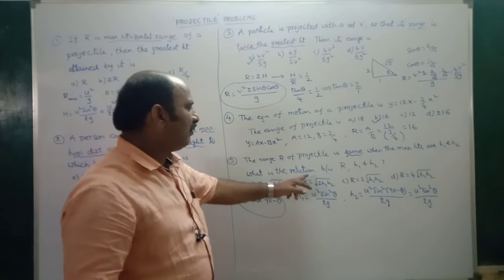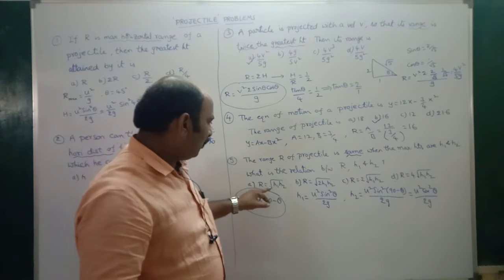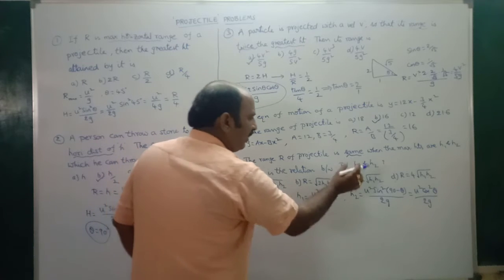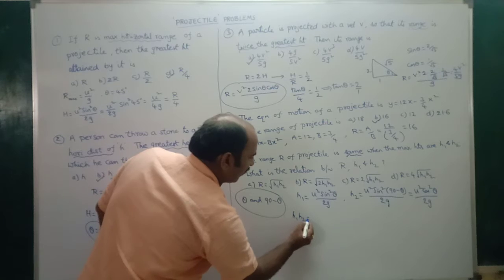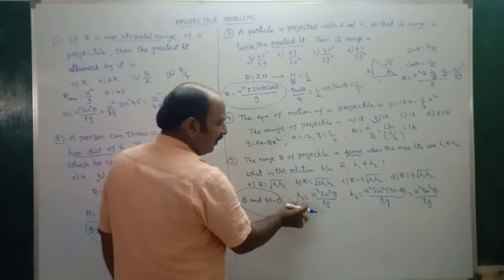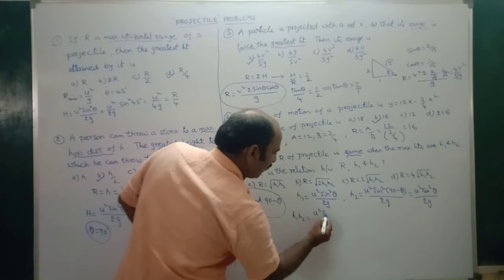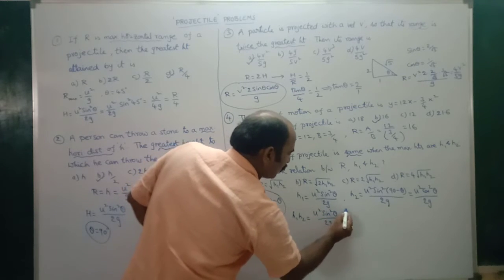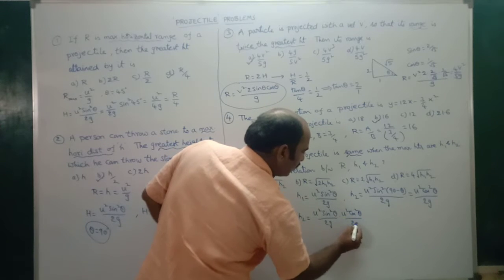Now what is the relation between R, H1 and H2? Observe the options. In every option, H1 into H2 is common. That's why we take the product of H1 and H2 now. This is U square sin square theta by 2g into U square cos square theta by 2g.